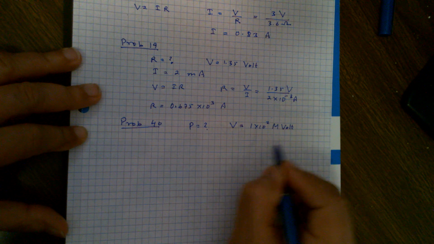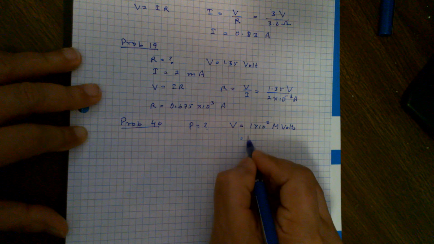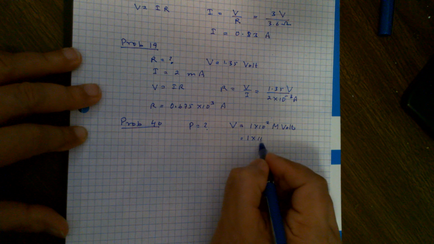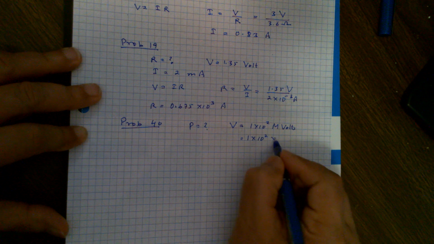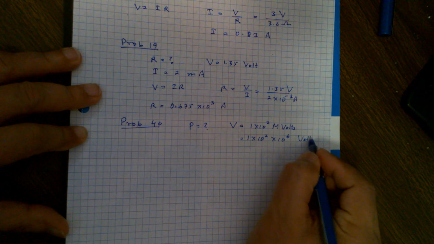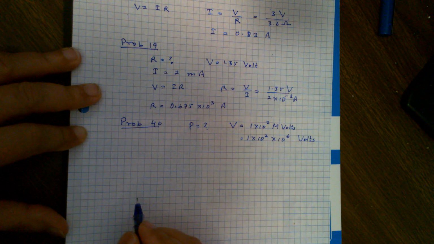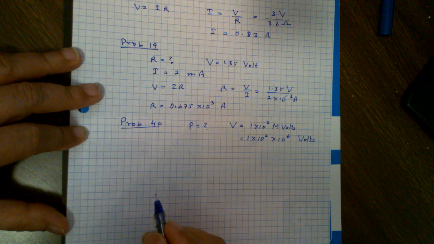Okay, I'll write it down for you. Million volts. Million means 10 to the power 6. So 1 times 10 to the power 2 times 10 to the power 6 volts. That's your V. And the current is 2 times 10 to the power 4 amperes.